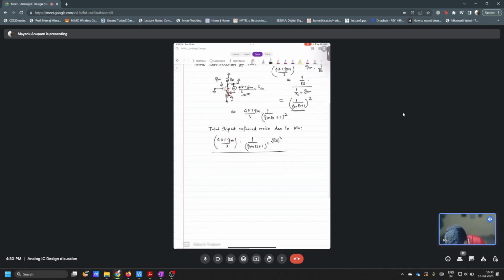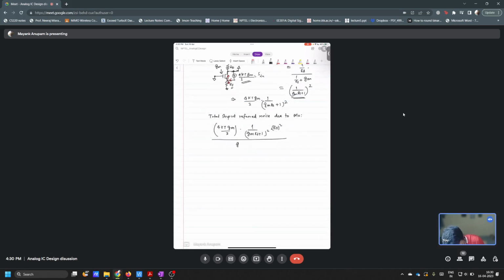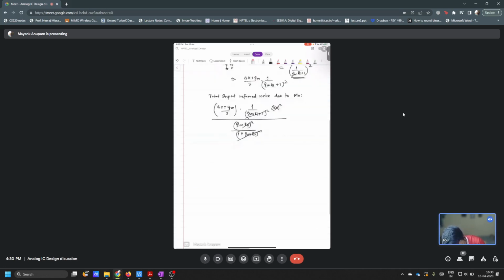And then divided by the total gain, right, which is gm times RT whole square divided by 1 plus gm rs the whole square, correct? So this and this are gone. So this is effectively 4kT gm by 3 divided by gm whole square, which is 4kT by 3 gm, correct? Yes, sir.